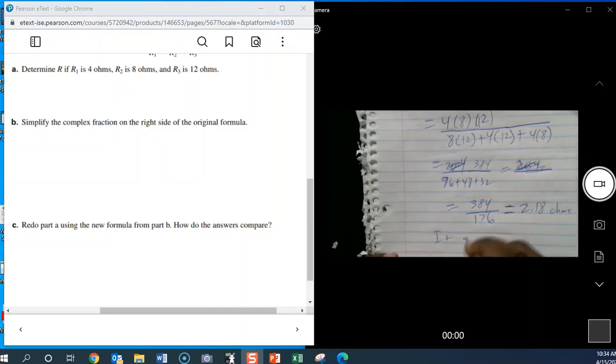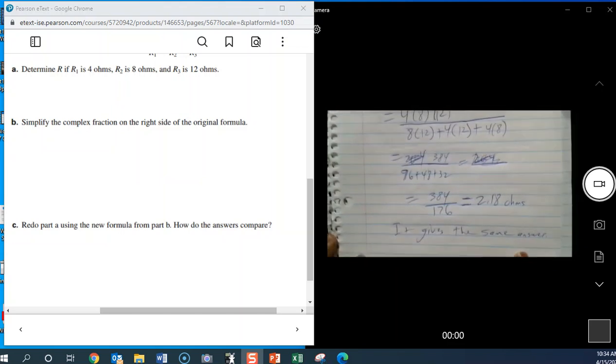So it gives the same answer. Even though it looked different, it gave you the same answer as your original equation did. So that was basically it for problem number 2. Now we move on over to problem number 4.